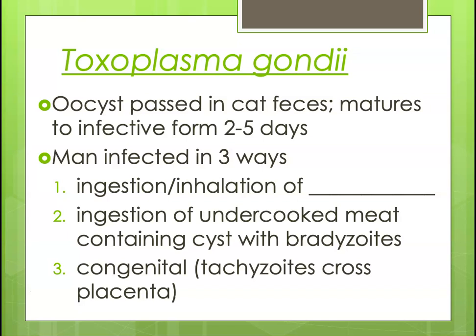Especially where you have wild cats and other animals roaming around, it's possible for another animal to be infected. And if we ingest undercooked meat from that animal, that's another way for us to get infected. And then I mentioned the congenital passage. Tachyzoites can cross the placenta and go from mom to baby.